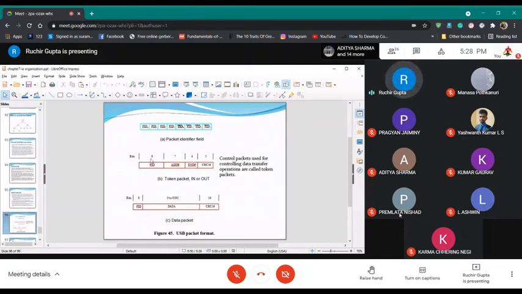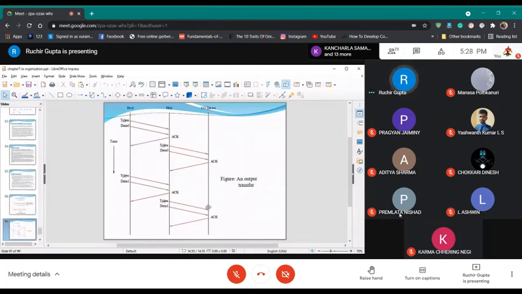And this PID helps in understanding what kind of packet is being sent, and whether the PID is right or wrong. So that is a little important. And then you have data packets, where you have 0 to 8192 bytes of data, and then a checksum. So this is basically the USB packet format.